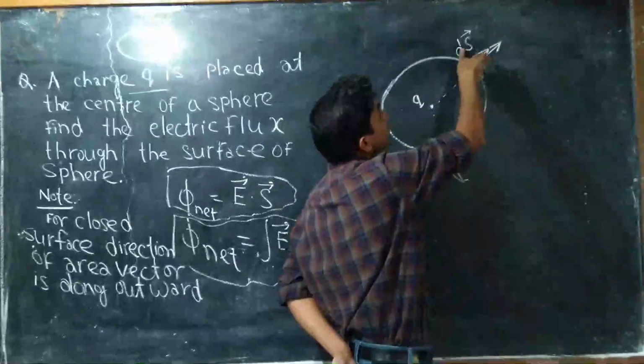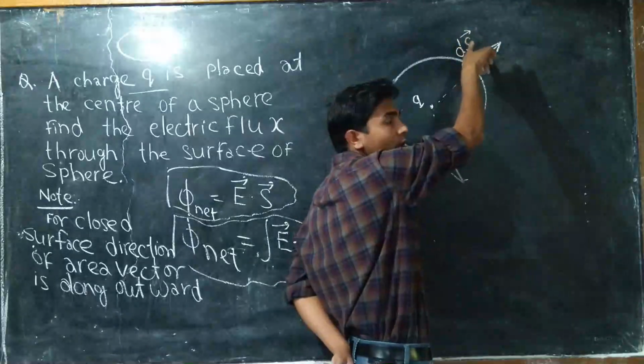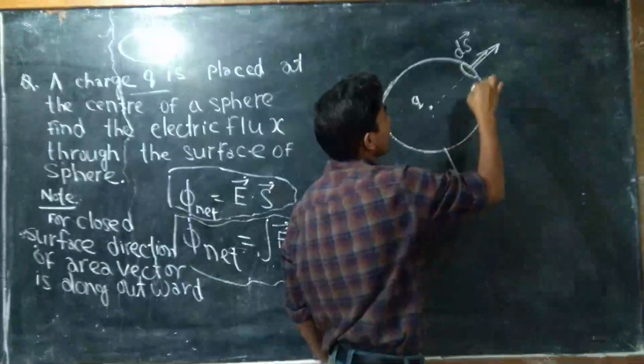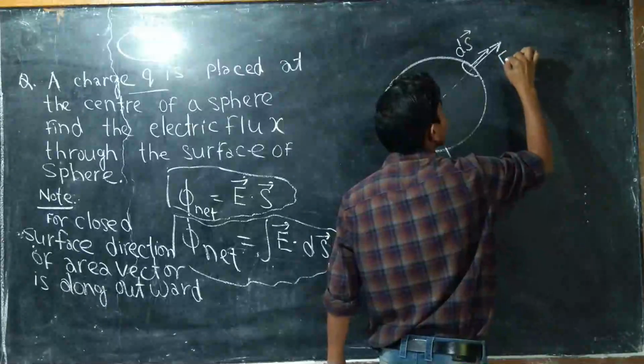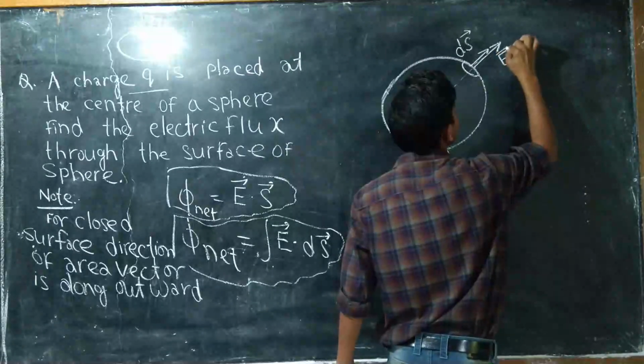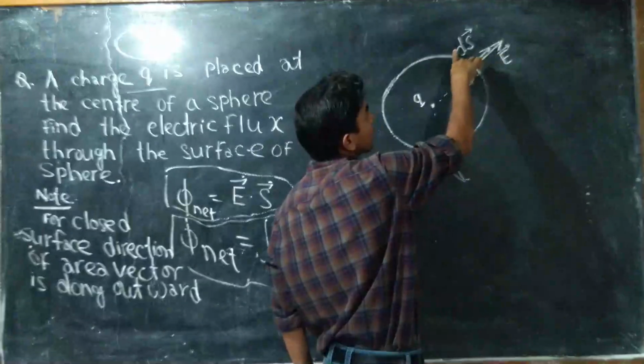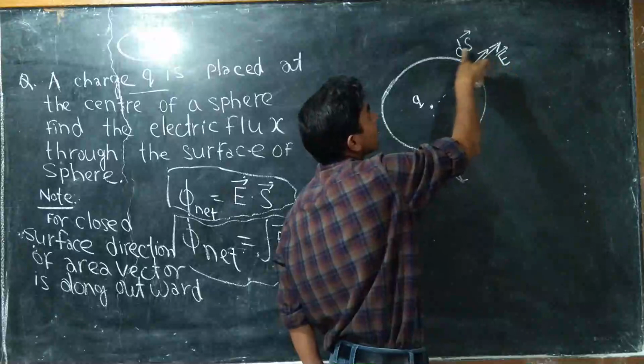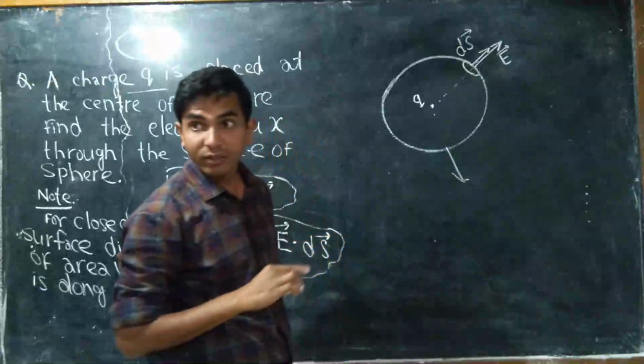So the direction of dS is in this direction, and the electric field is also in the same direction. That means electric field and dS are both along the same direction.